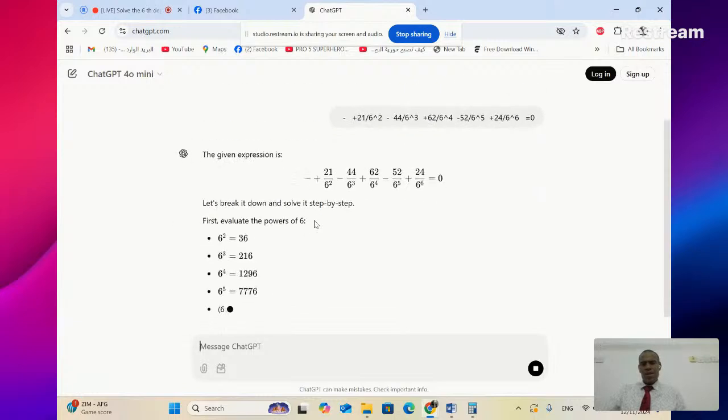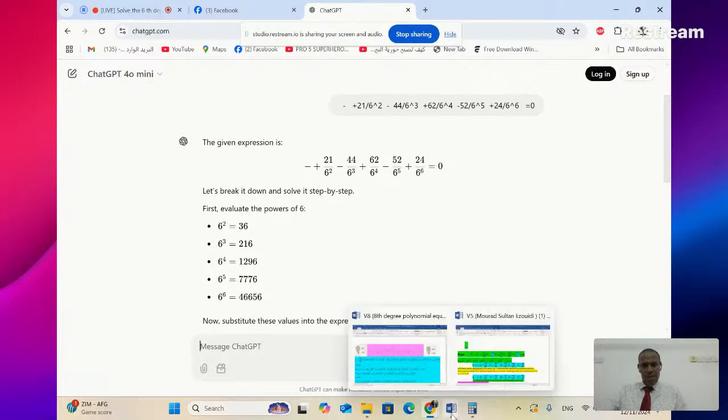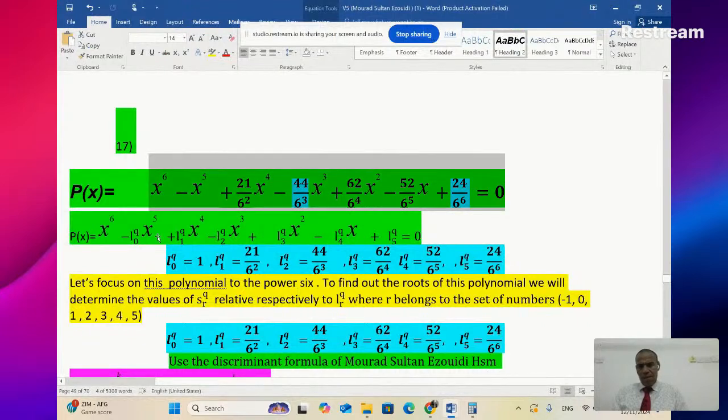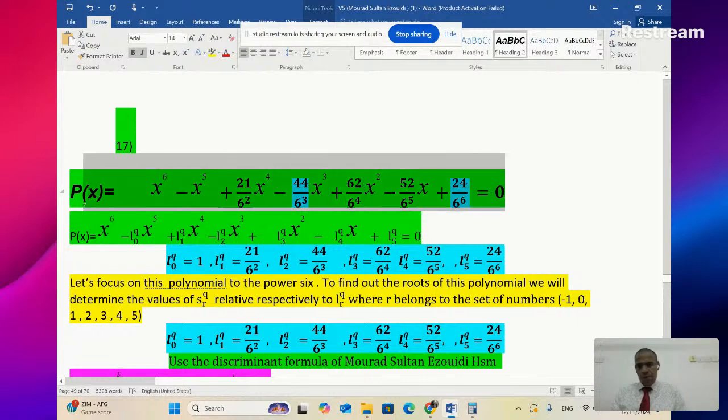It will write 6. Why did it write that? I will take it as it is. This is x raised to the power 6, of course. This is the other, I will take as it is.